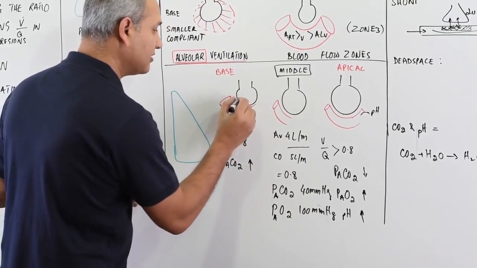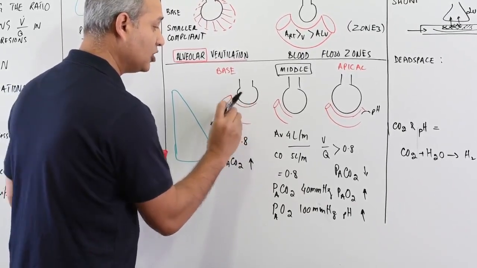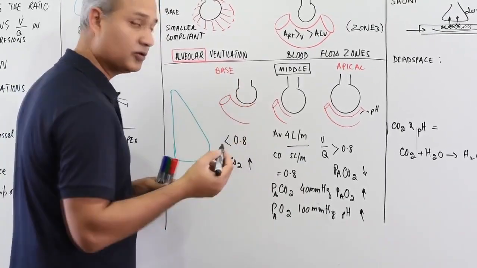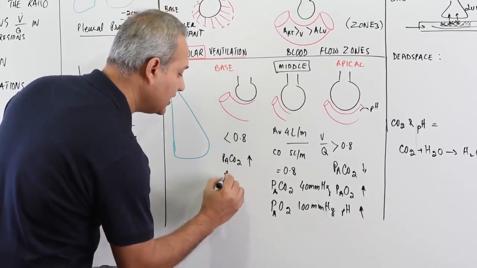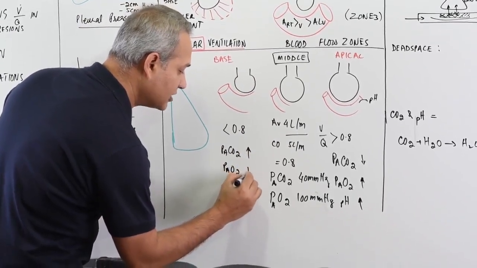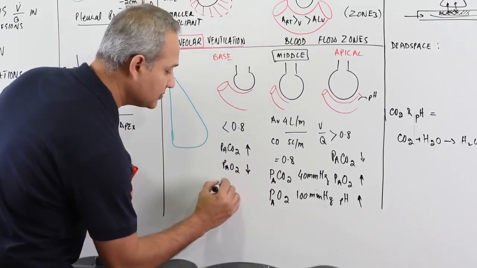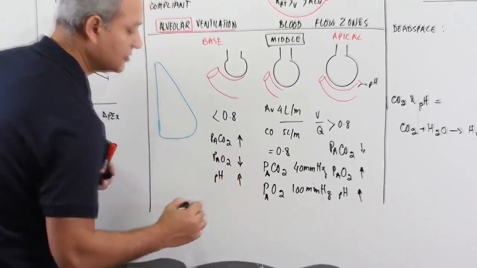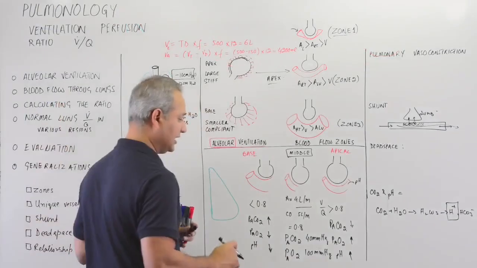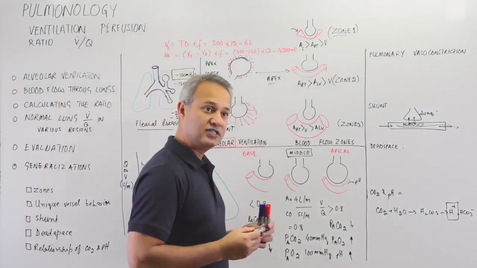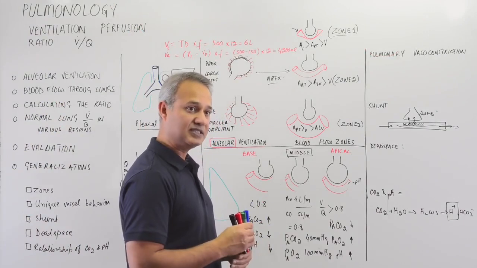Similarly, the carbon dioxide will be sticking here as well because more blood has given PaCO2. So PaCO2 levels would increase. What about PaO2? These levels would decrease. What about pH? pH would increase. Sorry, I always do that. pH would reduce, acidity would occur. So this is what is happening at the bases of the lungs.